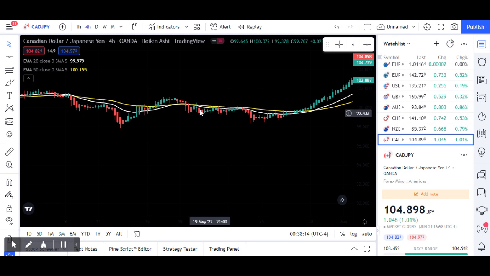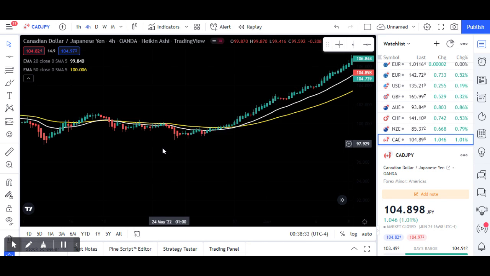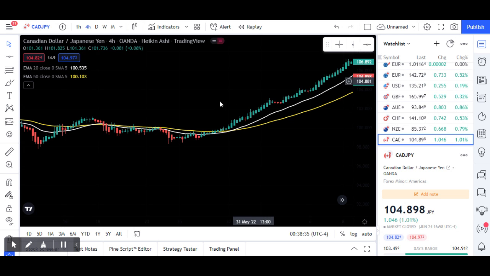So these ones here, you can see the price is essentially hugging the moving averages. So you would ignore all of these, and the moving averages themselves are very close together. They're parallel almost, as opposed to this that has a nice slope to it.